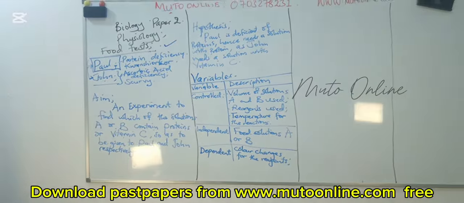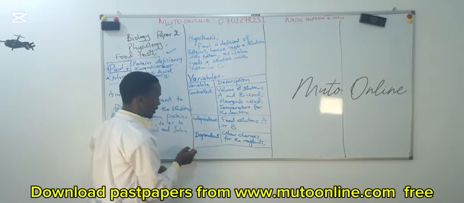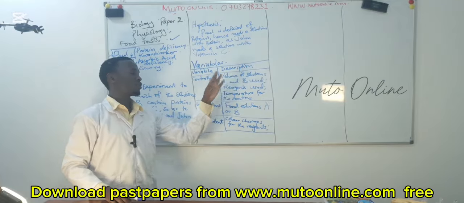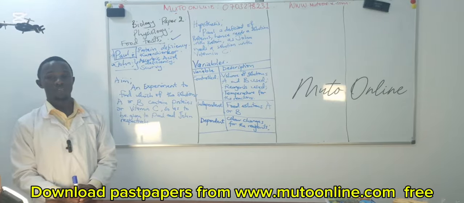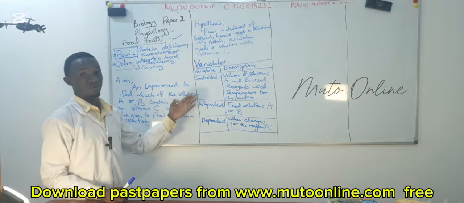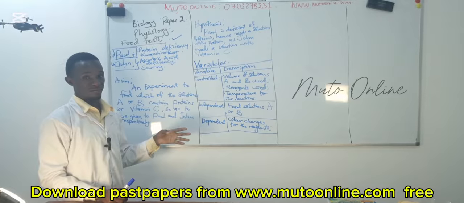I'll be looking at the color changes. Which color of the reagent do we obtain when we add it to this solution or the other will be my dependent variable. We know these ones now.